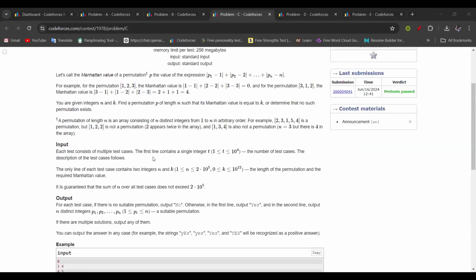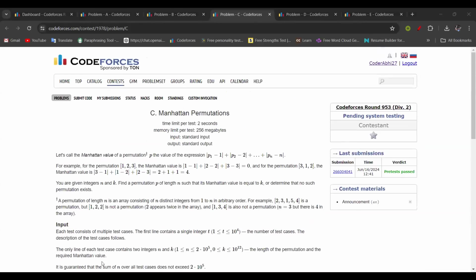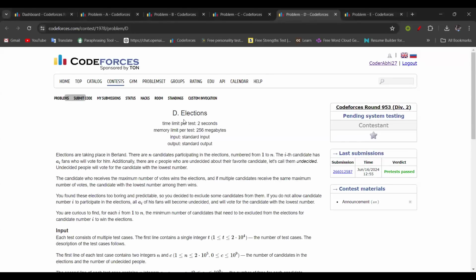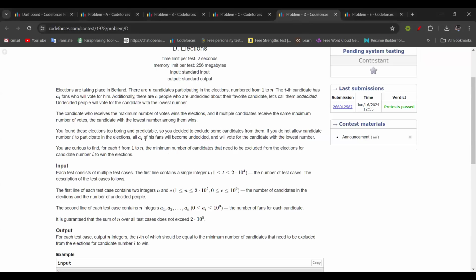So let's discuss the next problem now. The idea is clear now. In my code, I can look at it afterwards. Yes. Okay. Now, let's move to the fourth problem.